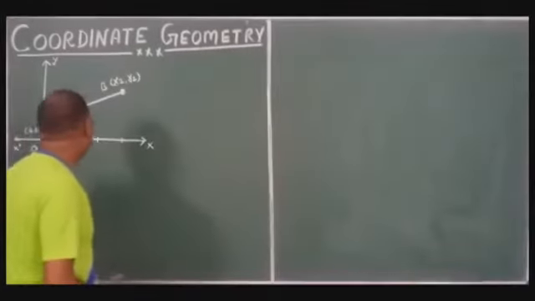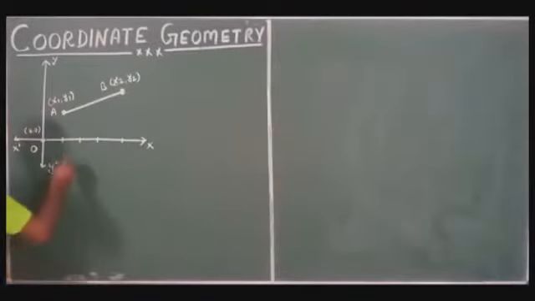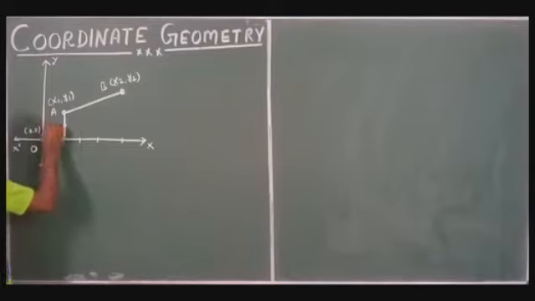So now just tell me, if the coordinate is x1, it means this distance will be x1 and this distance is y1.